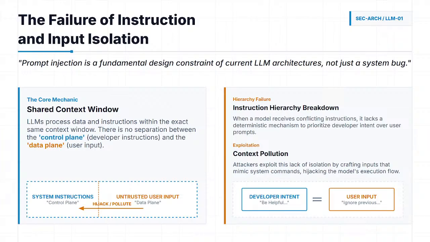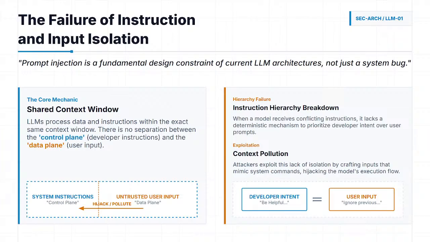Your data plane is the data environment, the data context, your user inputs in this example. And then the control plane is what is added as a form of technical implementation or technical measure. Talking about LLMs, that's where you have the developer instructions, aka the prompts, what it is meant to do, how it is meant to act on the user data.